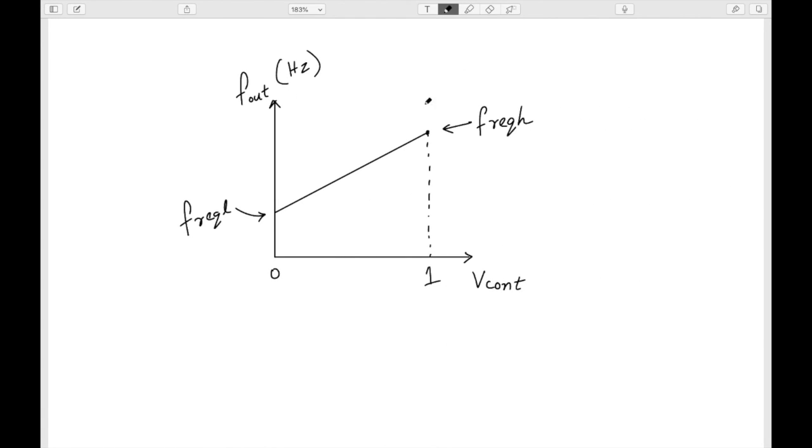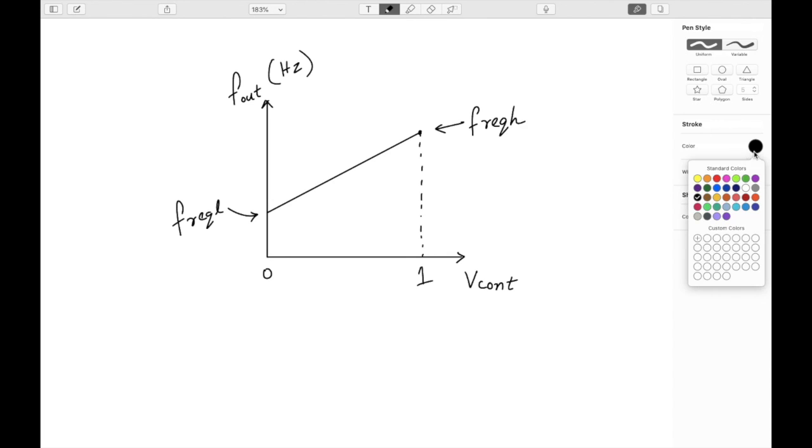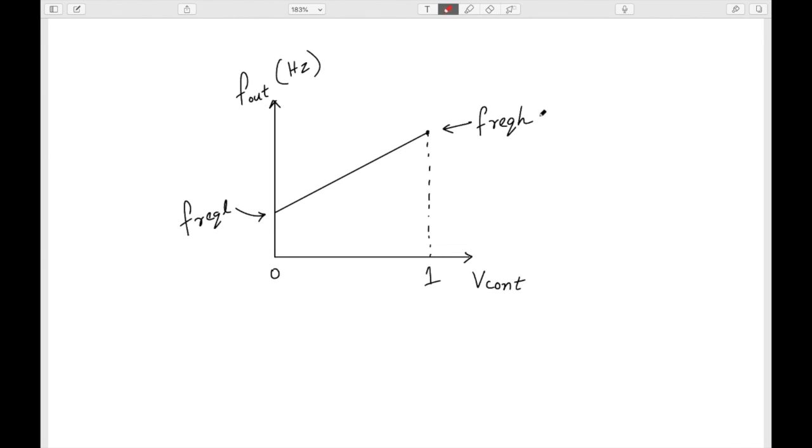Let's write down the numbers for this example, you can always edit it. This is 1.5 megahertz, and at 0 volt control, this is 0.5 megahertz. With simple maths we can find out the frequency at 0.5 volt, and we can find out the KVCO.